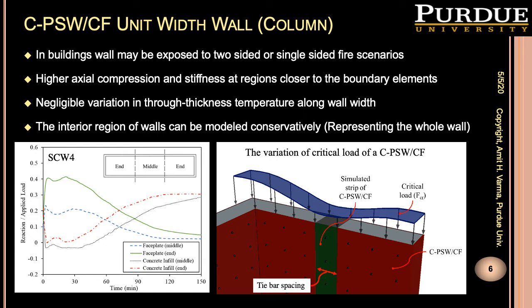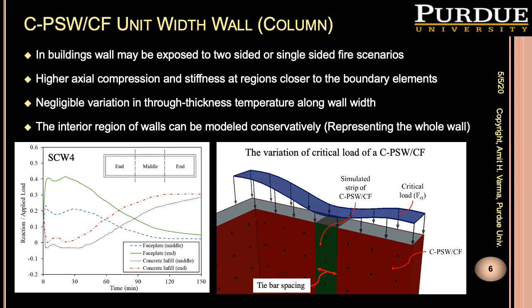The interior region can be conservatively modeled as a unit width wall with the width equal to the tie-bar spacing, representing the whole wall, because the regions of the wall closer to the boundary elements may have higher axial compression strength and stiffness than the interior regions.